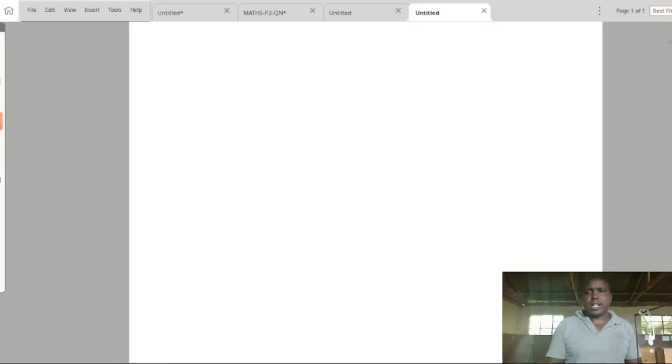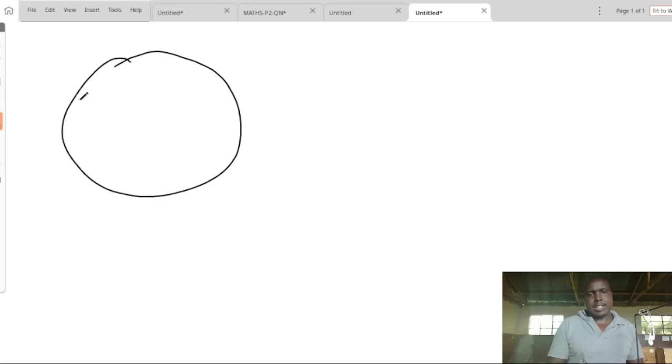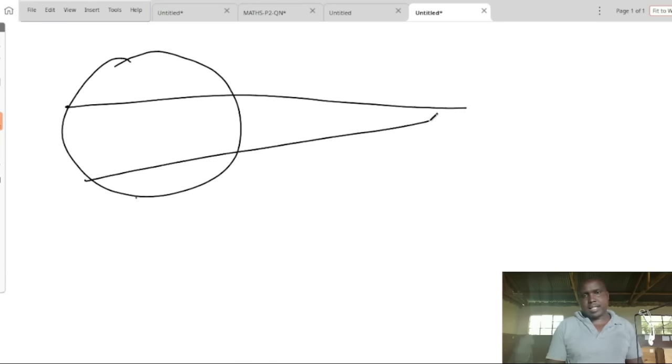That is one. Another one, we will have like this. Now we have external, where the lines are meeting outside. This one is called external.